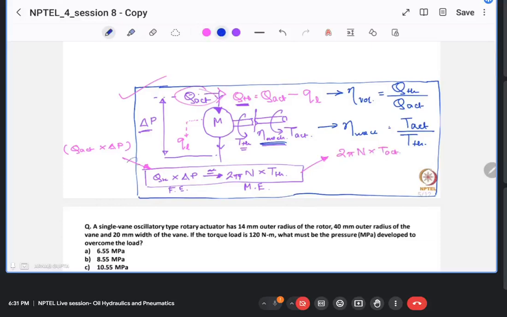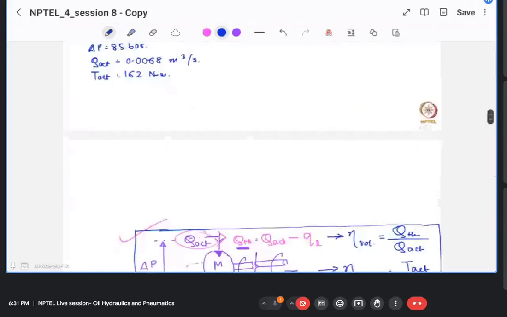So here you have the fluid based losses. So your volumetric efficiency comes into picture here. Here the mechanical efficiency comes into picture. And if you multiply these two efficiencies, then you will get the overall efficiency of the motor. Correct. So I will try to solve it both ways.